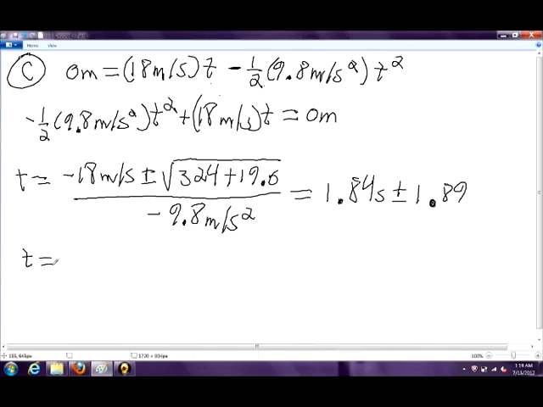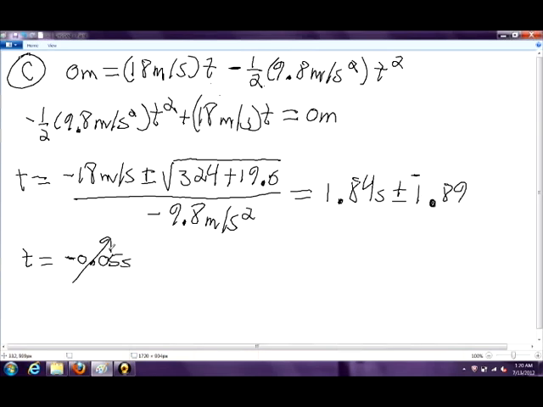So t is equal to, alright, so let's say 1.84. Oh, wait, this is negative, right? Okay, so 1.84 plus minus 1.89. Which would be a negative number, which we won't actually use, but just to write down, negative 0.05 seconds.